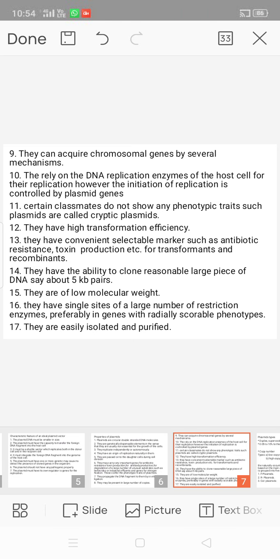However, the initiation of replication is controlled by plasmid genes, and certain plasmids do not show any phenotypic traits. Such plasmids are called cryptic plasmids.